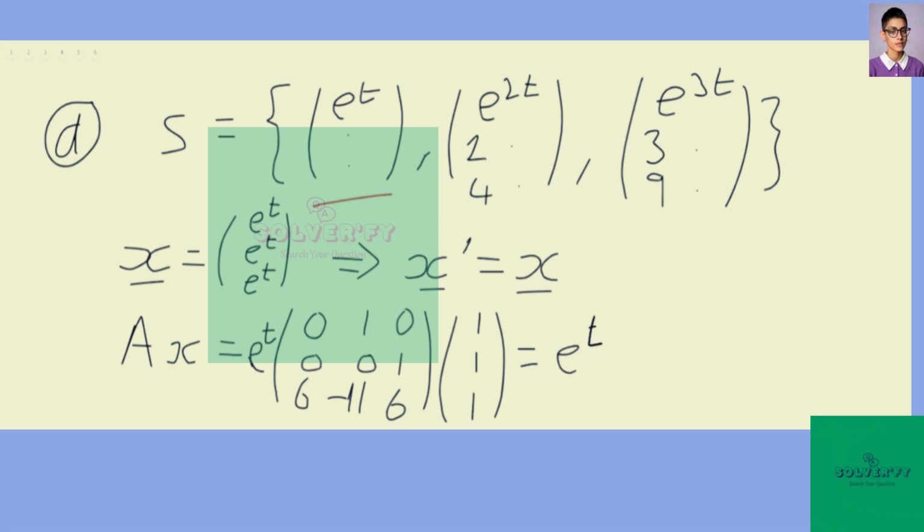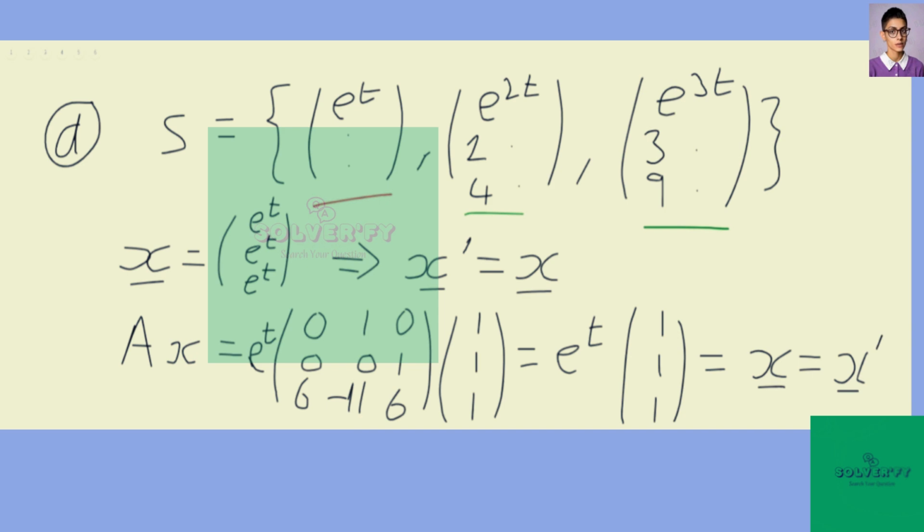So this is just going to be e to the t times 0 plus 1 plus 0 is just 1, 0 plus 0 plus 1 is 1, 6 minus 11 is minus 5, plus 6 is 1. And this is nothing but x itself, which is the same as x prime. So therefore, that is a solution of the equation x prime equals Ax. And we can show the same for the other two, which I'll leave you to do.